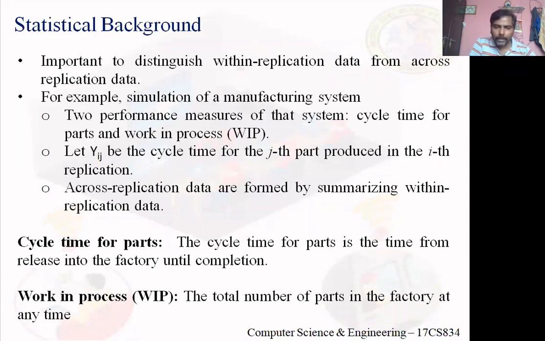In the case of response time of a customer, it is the time it arrives at the bank to the moment it departs from the bank, which is after completion of a service. Similarly, cycle time for parts is the time from release into a factory until completion.